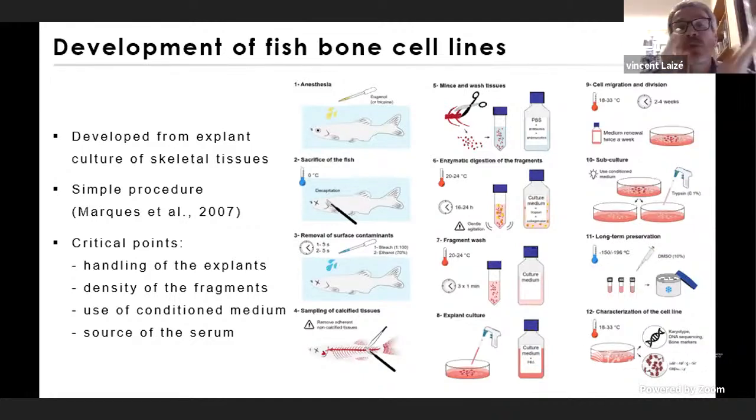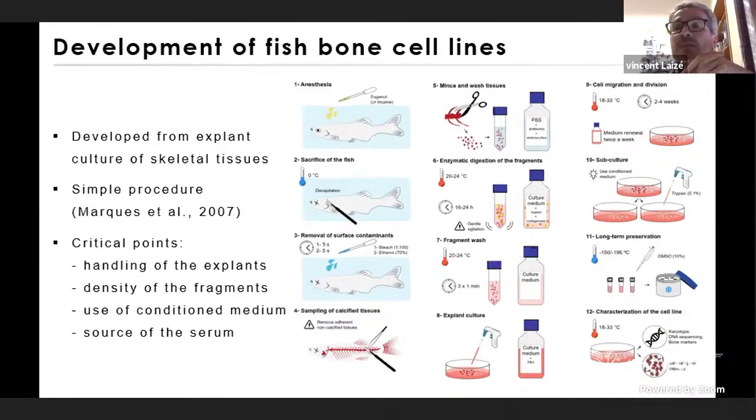Well, anyway, as I told you, most of the data that I presented today will be in that chapter that we wrote about fish cell lines, and there is a particular focus in that chapter on bone cell lines. So if anybody wants more information, or if I was not clear, or I had to cut a lot of information, then I advise you to read that chapter. They can also ask me, and I can give it to them.